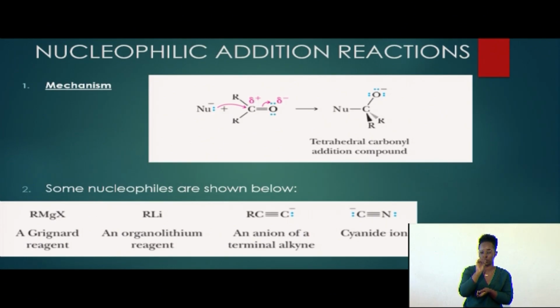And the nucleophile will attack this carbon because it is the one which is less electronegative, and because of that, it will be the one which has a partial positive charge to be attacked by the negative species. So this is generally the mechanism.